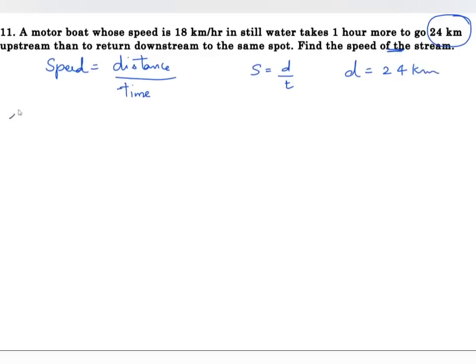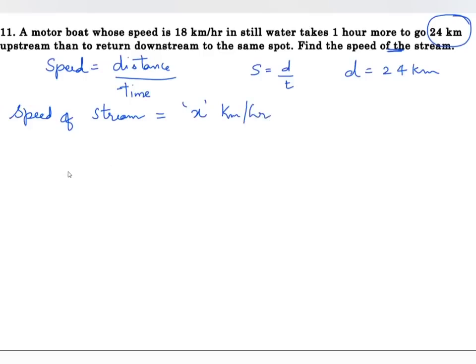I'll assume it as x. Let the speed of stream equal x kilometer per hour. I have assumed the speed of the stream as x kilometers per hour.